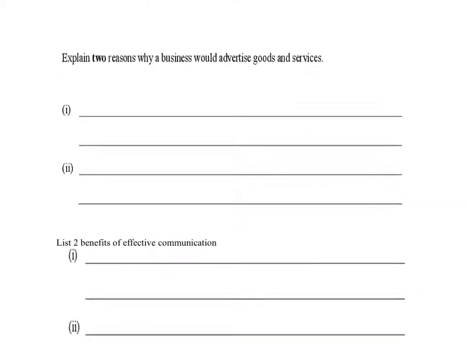Now, 2 reasons why a business would advertise their goods. Now, we had a list in class that was on one of the slides that you had to go over, which we discussed as well. And these reasons could be, for example, to inform your target market or your audience about your product, give information about it.